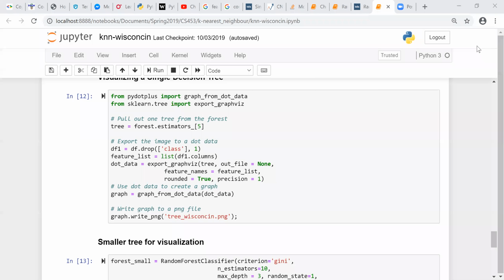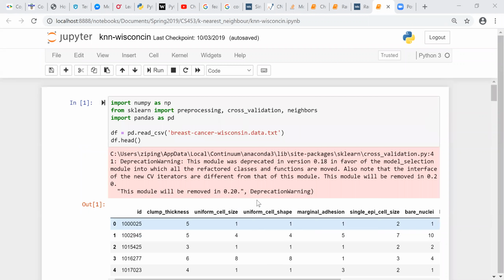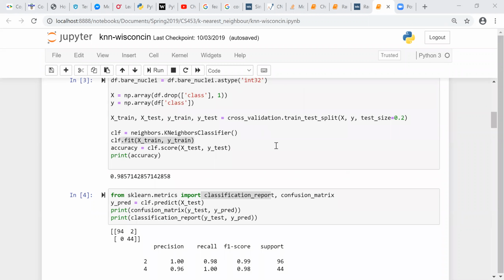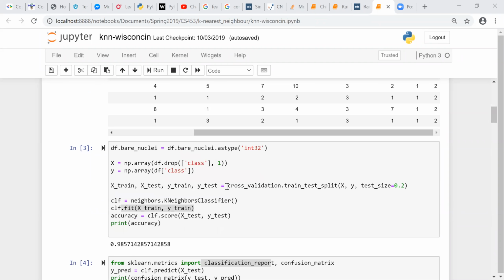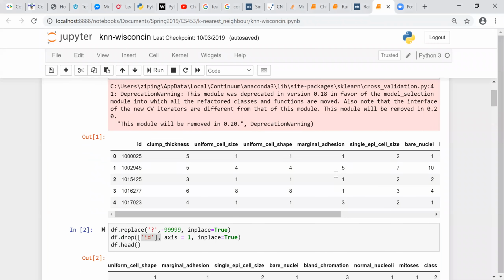Let's go back. In this example, the Wisconsin breast cancer one, we use cross validation.